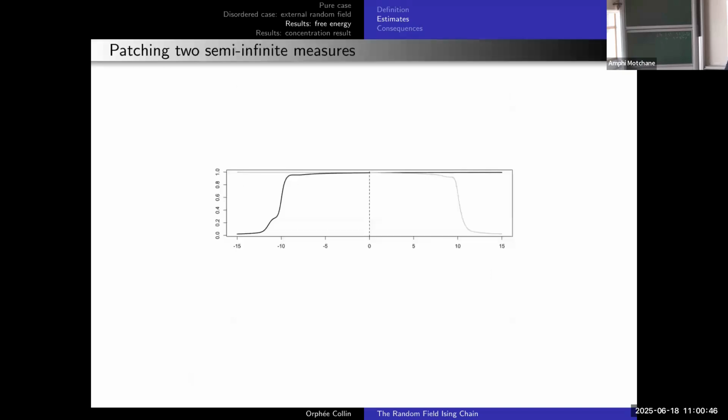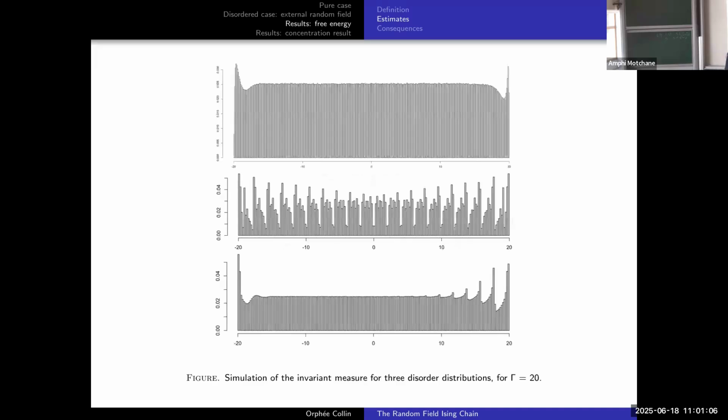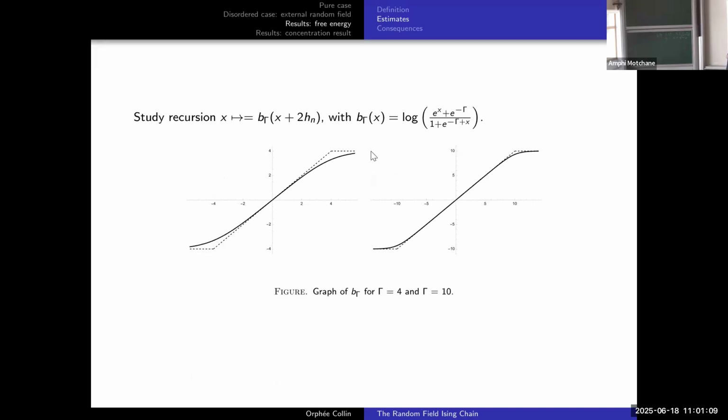And there was a heuristic given by Derrida and Hilhorst in 1983, which we made rigorous, which is to consider that we have two walls at minus gamma and gamma, and we can consider two semi-infinite systems. The system where there is only a wall at minus gamma, and the system where there is only a wall at gamma.